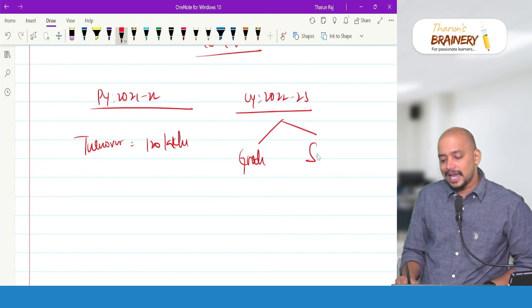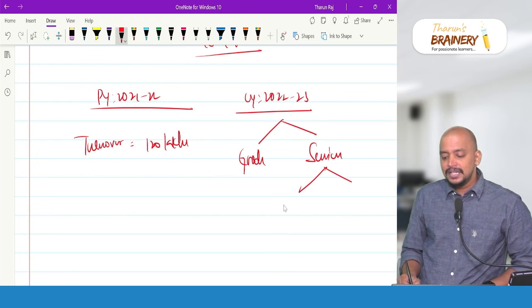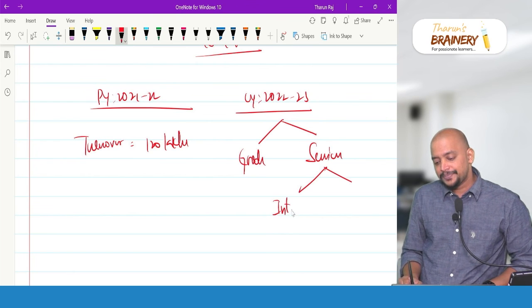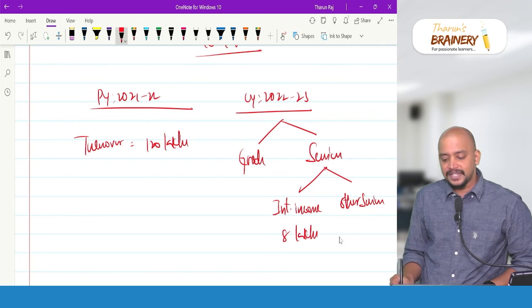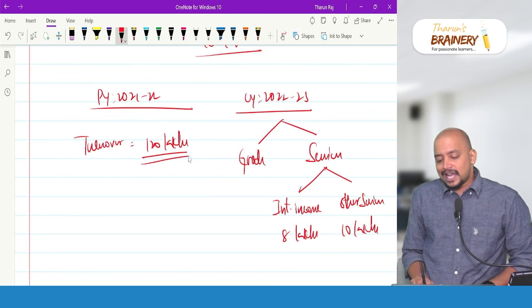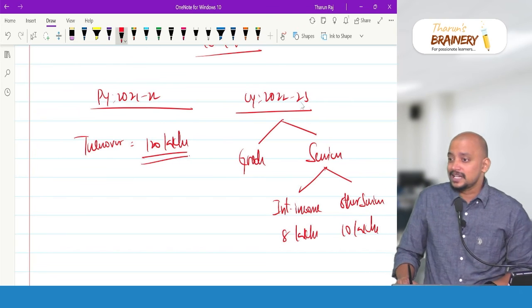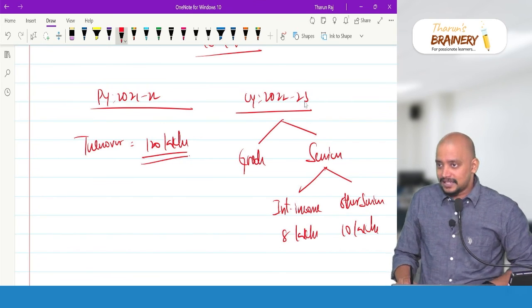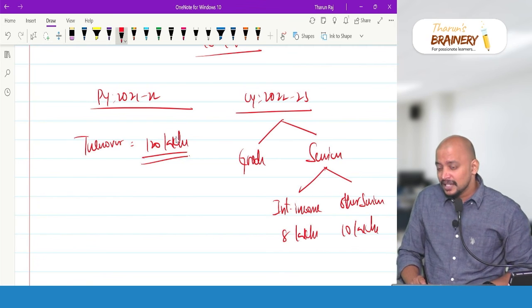And in these services we have interest income 8 lakhs and other services 10 lakhs. Now 120 lakhs. To what extent can I provide services during the current year? 120 into 10%, 12 lakhs or 5 lakhs, whichever is higher, 12 lakhs.